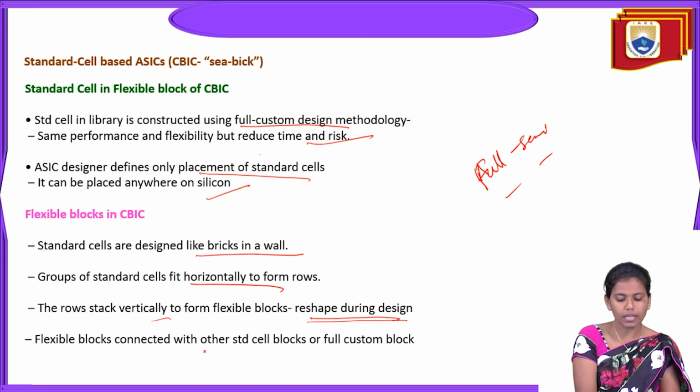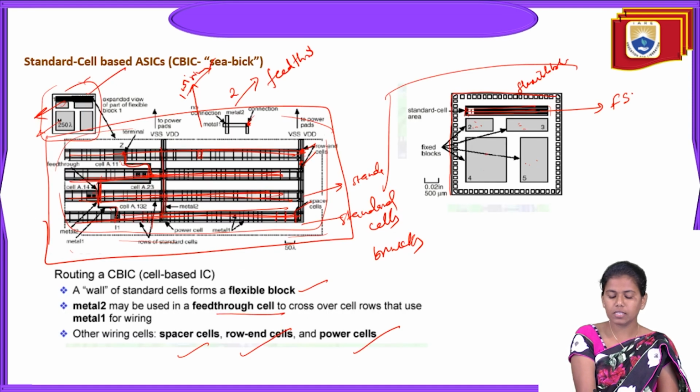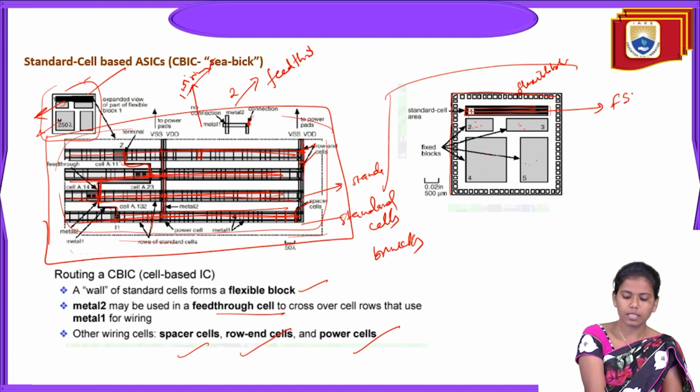Then the flexible block is connected with other standard cell blocks or full custom blocks. So here flexible blocks can be connected with the other system blocks. The walls of the system blocks are nothing but the flexible blocks.